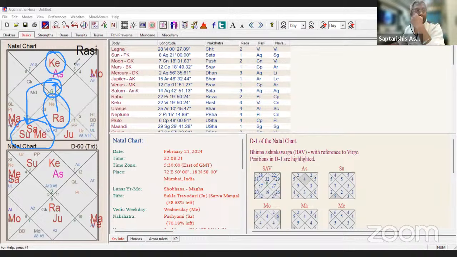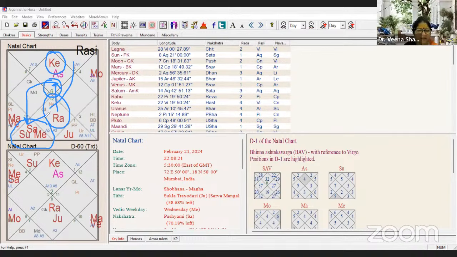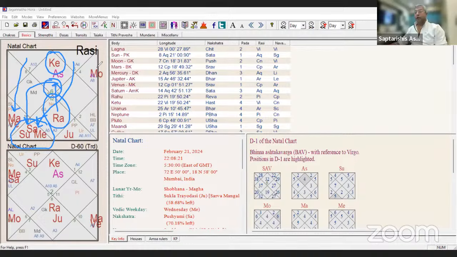Both eyes or one particular eye? Both eyes, sir. Right eye is weaker than left eye. So the left eye lord, that is the 12th lord, is in the 6th house. Again a problem. So right now we are analyzing: is this Prashna true or not? Does the person have good intention or not?